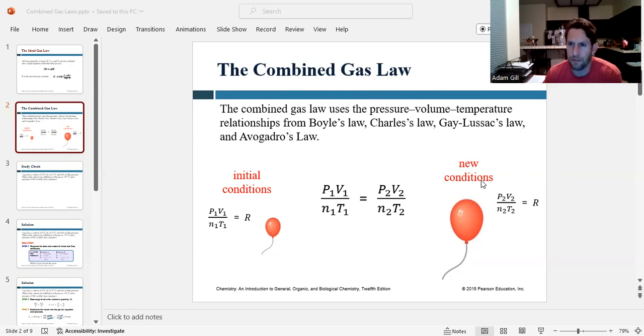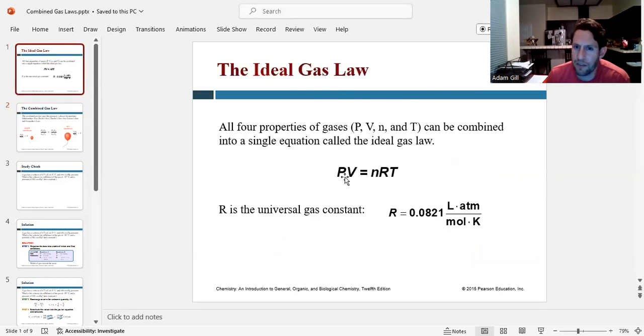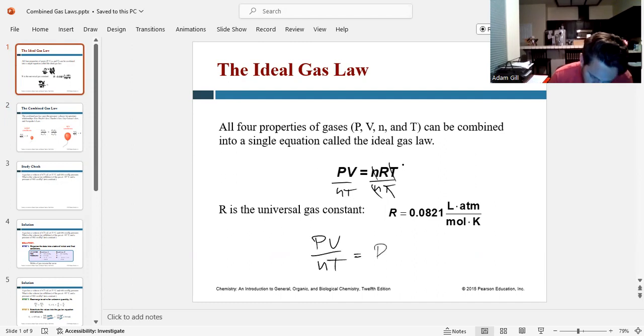So as we saw earlier in the lectures, if we take the ideal gas law, PV equals nRT, and we solve for the ideal gas constant, divide both sides by nT, we end up with PV over nT is equal to R. And this was true for any gas under any conditions.